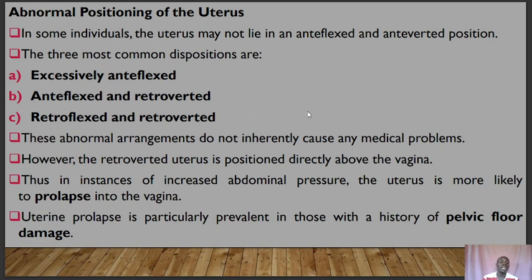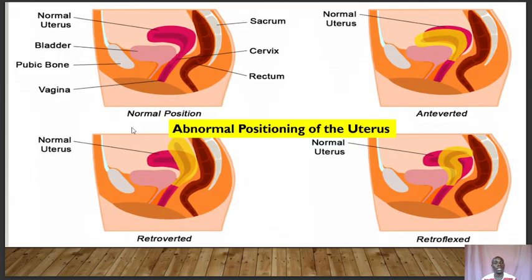However, the retroverted uterus is positioned directly above the vagina. So when there are instances of increased abdominal pressure, the uterus may likely prolapse through the vagina. So a retroverted uterus gives us that risk. Whereas uterine prolapse is particularly prevalent in those with a history of damage to the pelvic floor. With pelvic floor damage, the incidence of prolapse will be high.